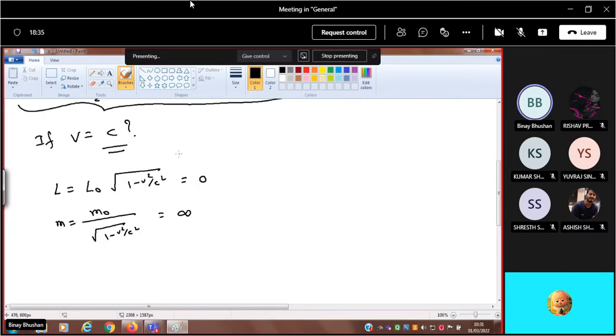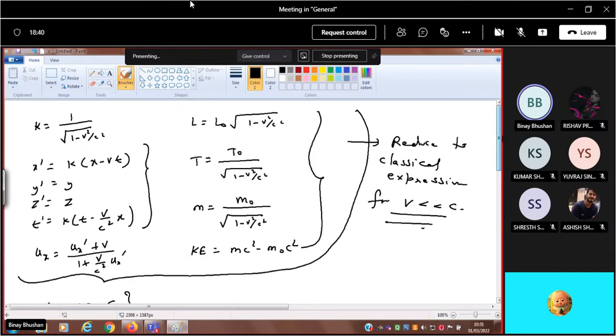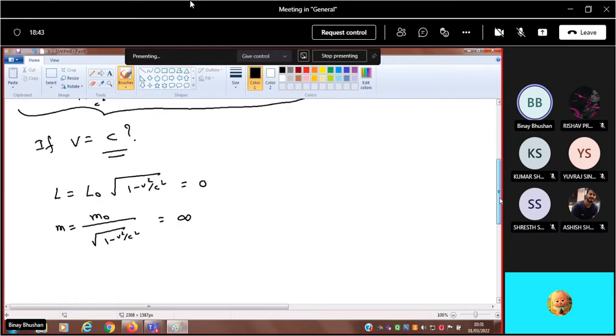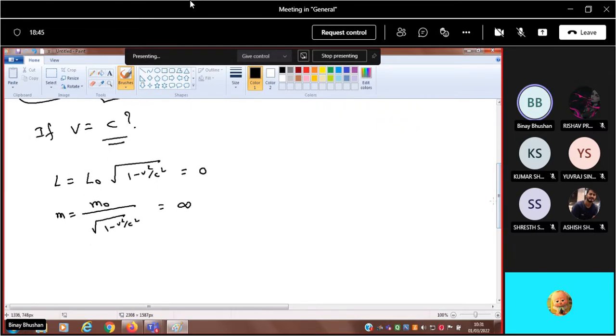You can verify the other formulas also, right? All the above formulas that I have written here, by putting v equal to c, you can see what is happening. Now, if an object is moving with speed equal to c, then its length becomes 0. That means it vanishes, it disappears, right? So this is ridiculous. How can the object disappear?